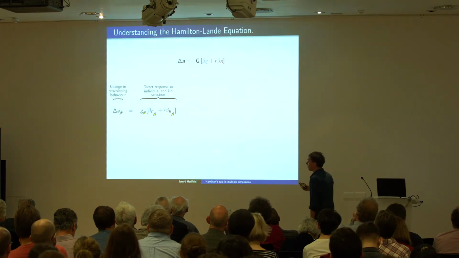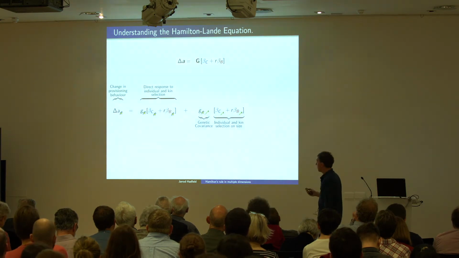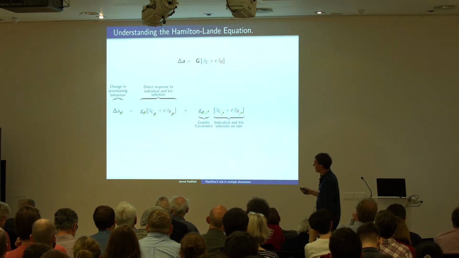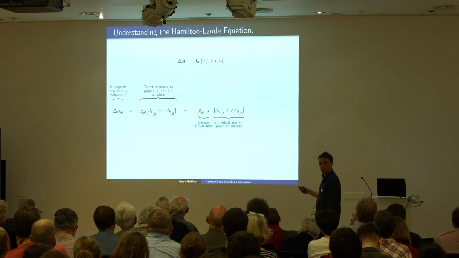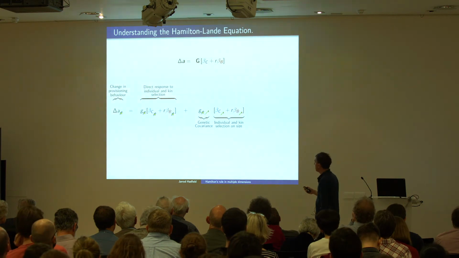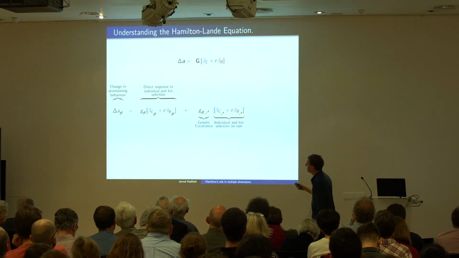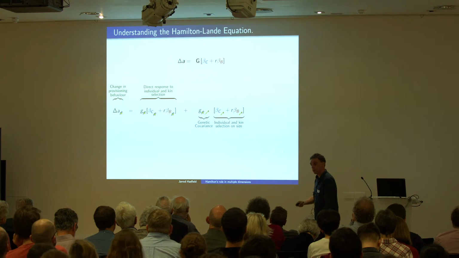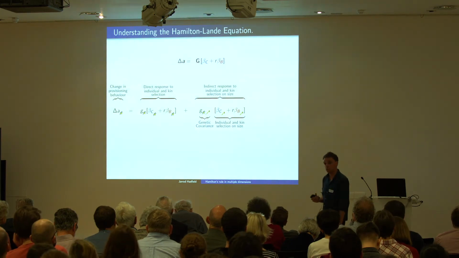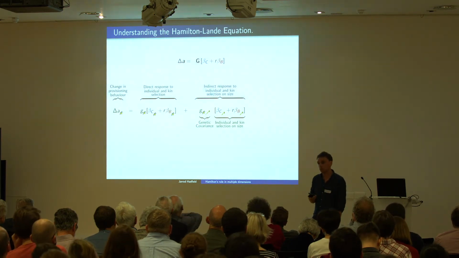But the problem is that we've got other traits in the model that are also under selection. So we've also got the effect of evolution in body size. This is the genetic covariance between provisioning and body size, and this is net selection operating on body size. Together we can call this the indirect response to individual and kin selection on size.